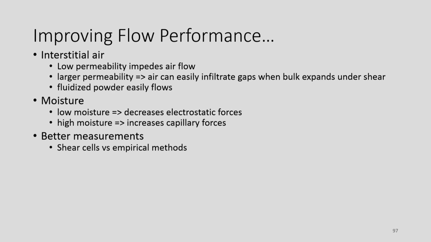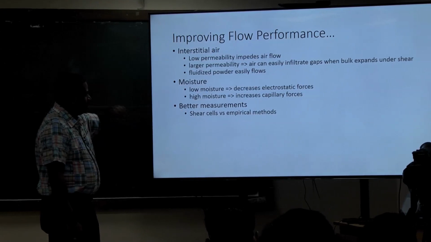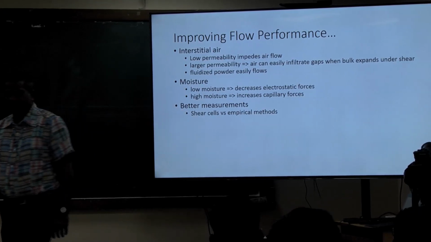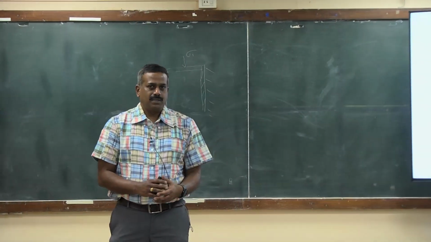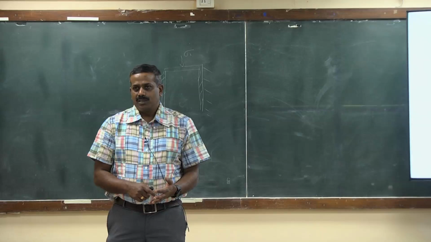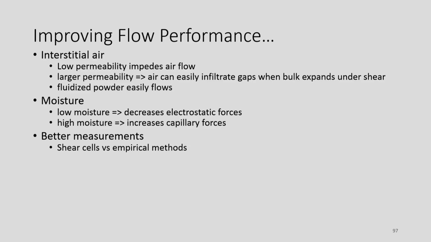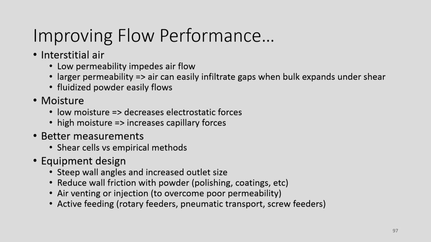Moisture, again, you all know the effect of high and low moisture. When you want to measure the flow properties, it's always better to use shear cell measurements rather than using Carr's index, Hausner ratio, or angle of repose, etc. As you have seen, shear cells give actual values that you can use to design hoppers and bins, and also to understand powder flow properties.